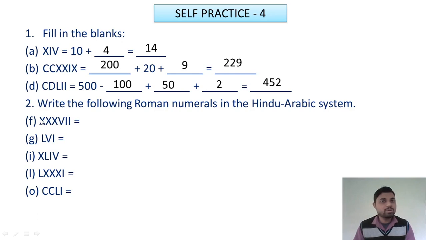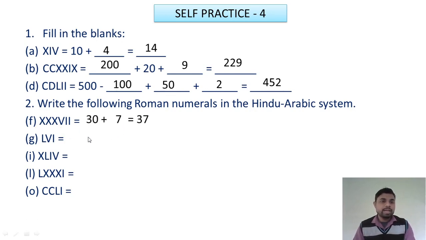Otherwise you cannot solve. So listen. Dear students, F. XXXVII. Just see here. XXX means what? And VII means what? Obviously XXX means 10 plus 10 plus 10. So 30, and VII, that means 7. So 37 is the answer.